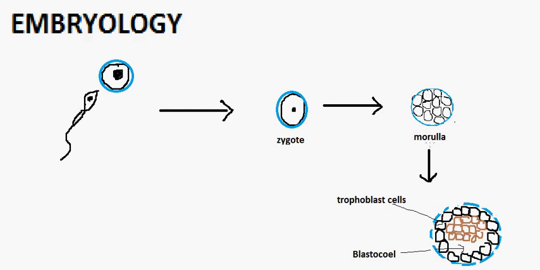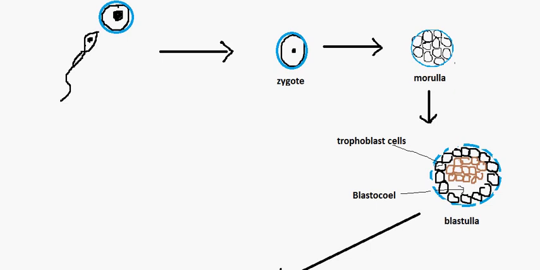The word morula comes from mulberry. A mulberry looks pretty much the same as the morula, so people thought to name it that, as the words also sound alike, and they called it morula. It is a 16 to 32 cell stage, and all the cells here are undifferentiated, therefore all the cells are alike. Then we have the blastula stage.